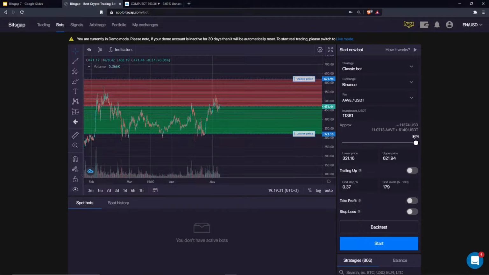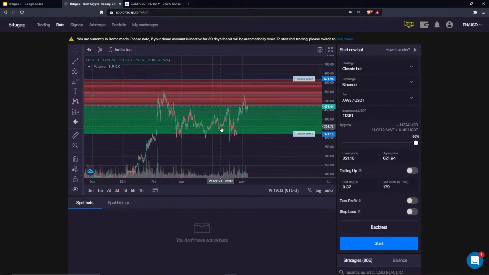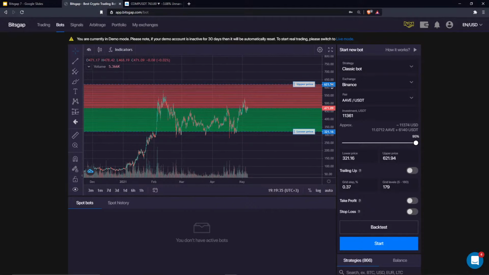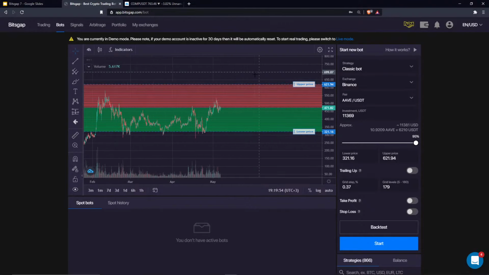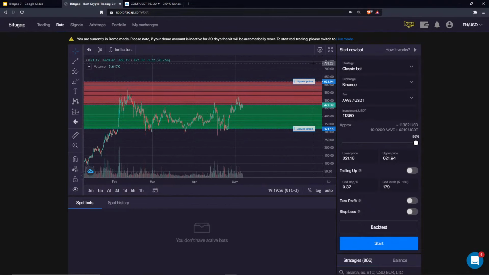As soon as you gain enough experience, you can then start trading your real money. So the demo mode is a cool feature for you to experiment and to develop your strategy and basically trading tips and tricks before risking your real money. So that's something that we have at Bitsgap to offer you guys.